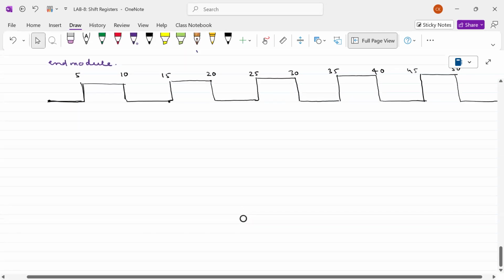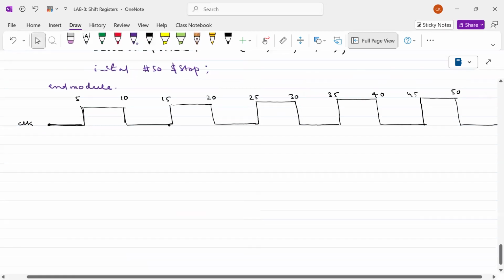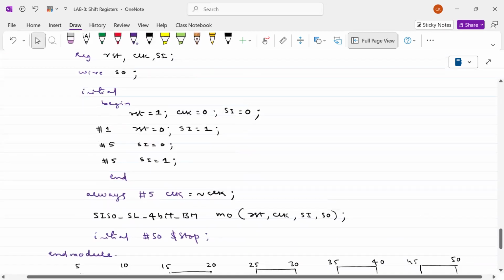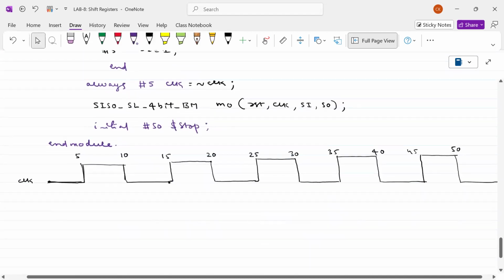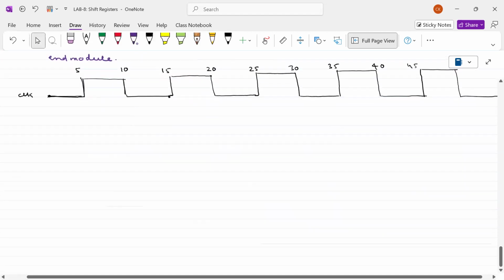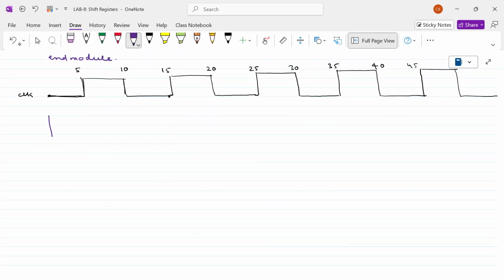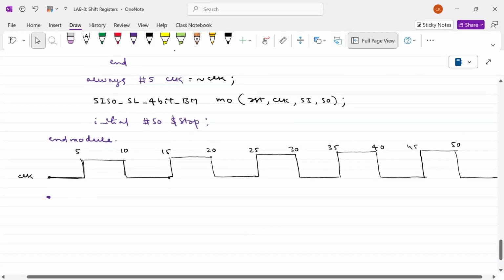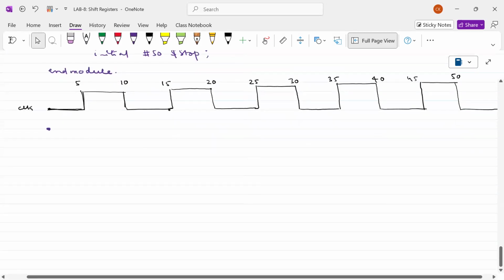Did you catch this point? This is the clock signal. What about the next one? The RST is equal to 1 at 0 nanoseconds of time. How long is it 1? Till 1 nanosecond, for example.